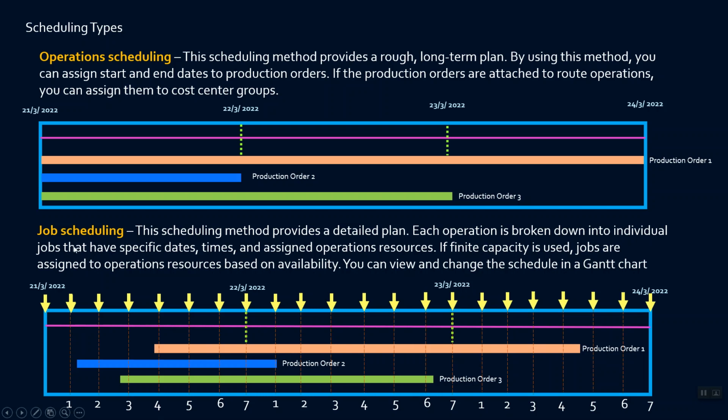Whereas in job scheduling, it will start on 4th hour of 21st March and it will end on 4.5 hours on 23rd March. So it gives you exact figures of hour, date, day, everything. Okay. So this is how you will see the Gantt chart when you opt for operation scheduling or job scheduling.